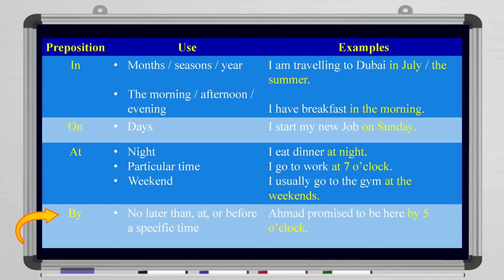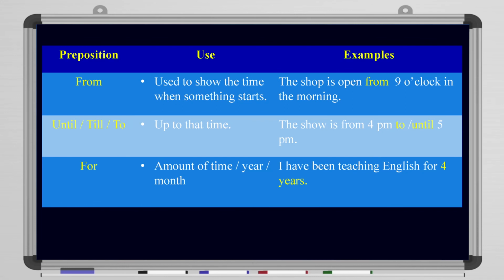By, it is used to say no later than or before a specific time. So I can say, for example, Ahmed promised to be here by 5 o'clock. So he's going to be here by 5 o'clock. Okay? Other prepositions are from, until, or till, and to, or for. So for example, with from, I can say, the shop is open from 9 o'clock.